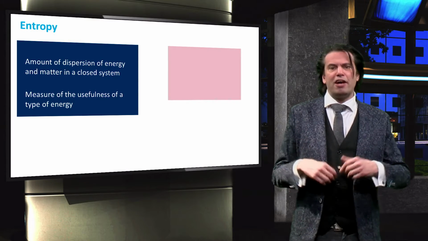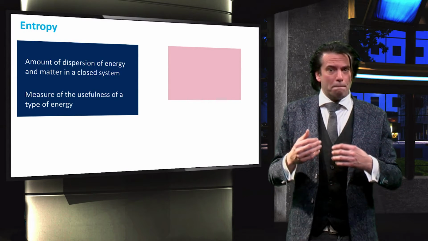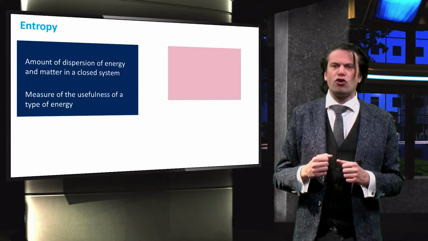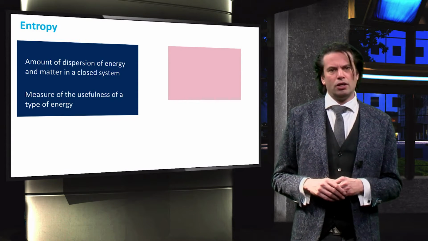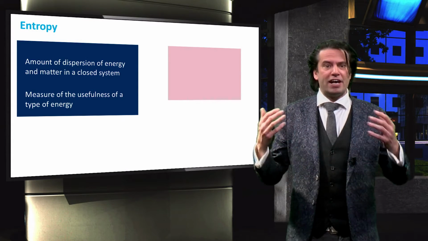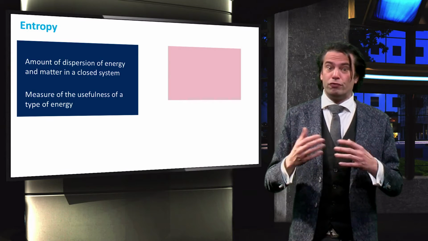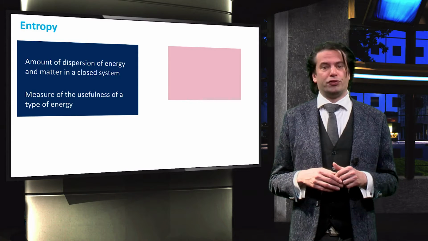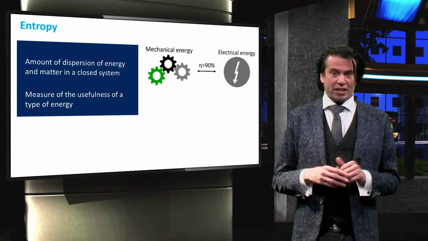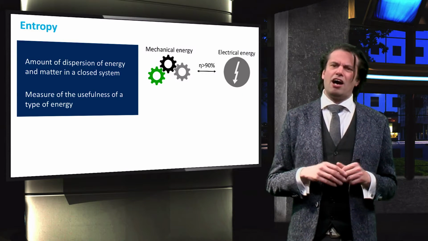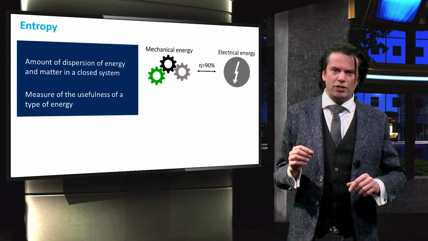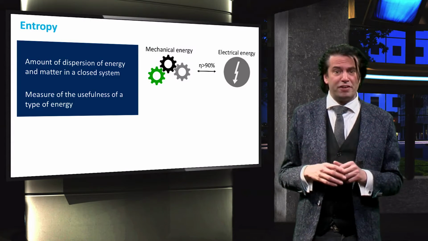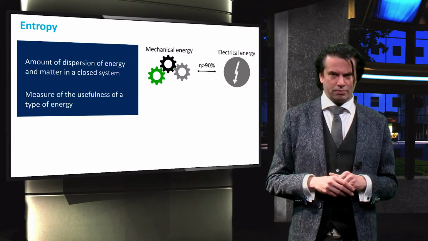The entropy can therefore also be interpreted as a measure of the usefulness of a type of energy. The lower the entropy of a type of energy, the easier it is to convert that energy into another type, so the higher its usefulness. Mechanical and electrical energy are very useful, since they can be converted into one another with an efficiency of over 90%.